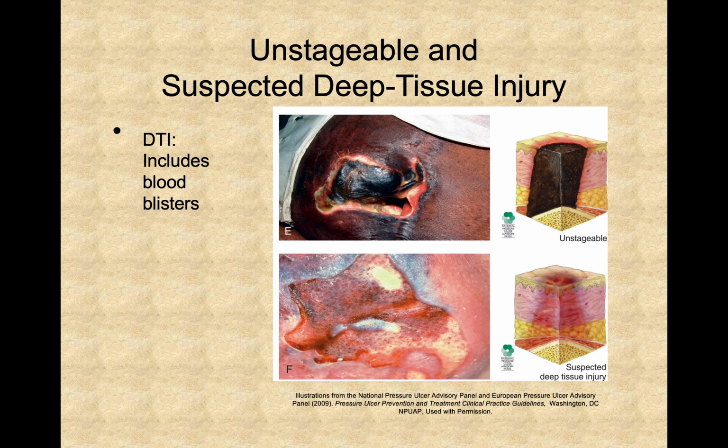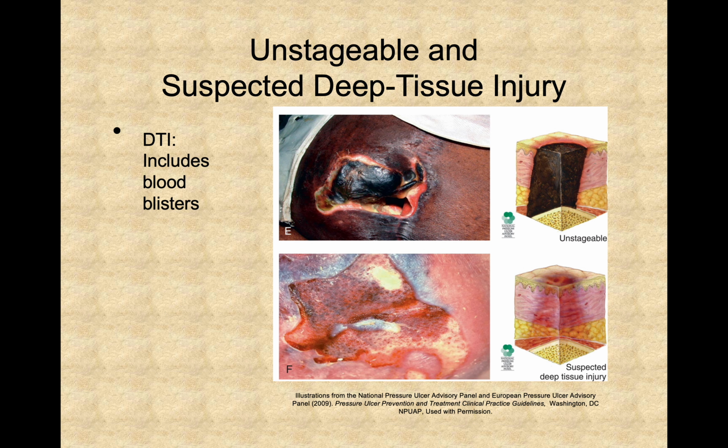A suspected deep tissue injury occurs because of prolonged contact to that tissue. It could be maybe someone was lying on the floor for a long period of time in one position, or even maybe somebody was left on a bedpan for a prolonged period of time. But it's caused the deep underlying tissue to become damaged, but the external portion, the skin, still appears to be intact.